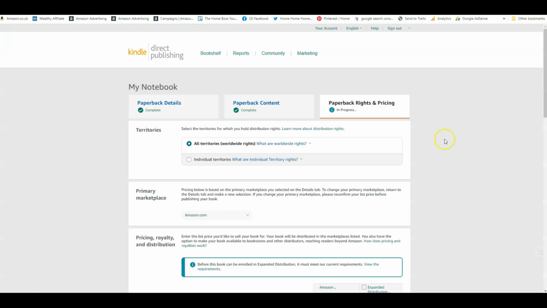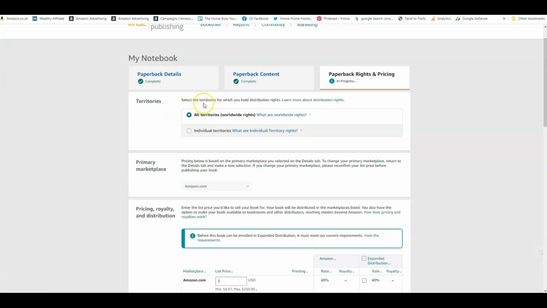And now we're on the last page. So now they're asking us to select the territories for which we hold distribution rights. So it's basically asking us, where do we want to publish our book? And I always choose all territories because I want it to go to all Amazon stores in every country, but you could also click individual territories.